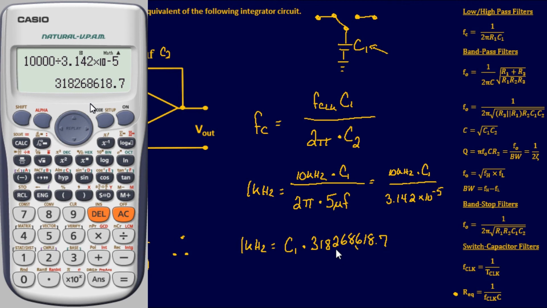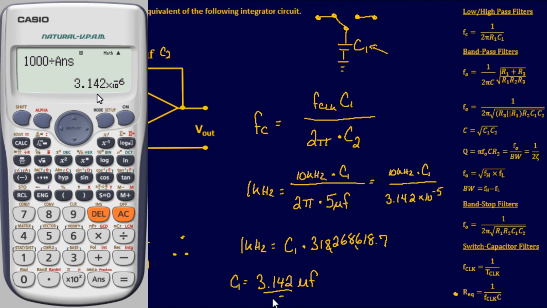That one is definitely a lot to write down. So it looks like we have 318 million. And of course we can isolate our C1, and we're going to divide both sides by that 318 million, and that's going to give us a final answer of 3.142. This is going to be microfarad.